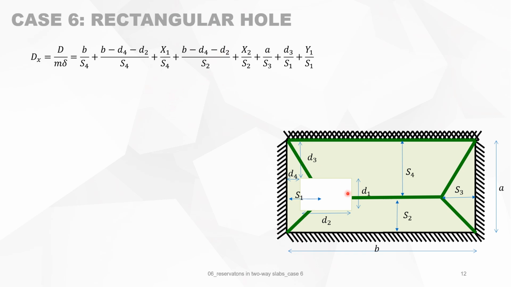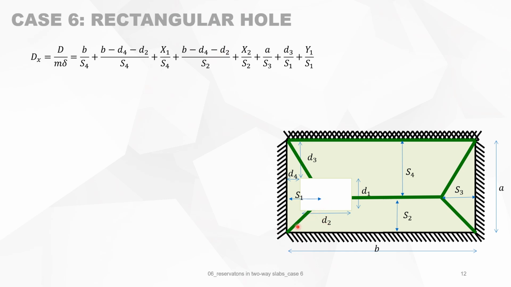Then the next is this yield line projected to this axis. So it's divided by S2. It's B minus D4 minus D2. Then we've got X2, this amount divided by S2, which is the angle of rotation.